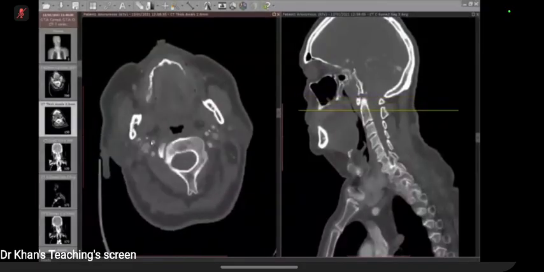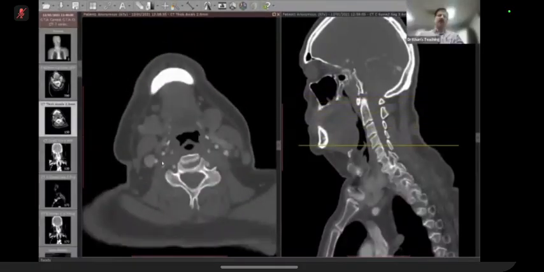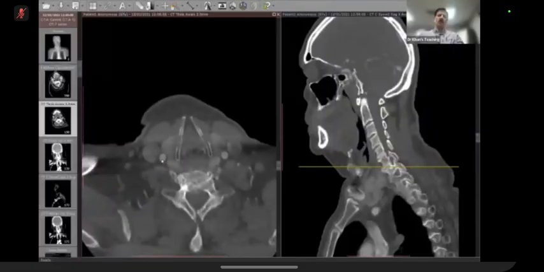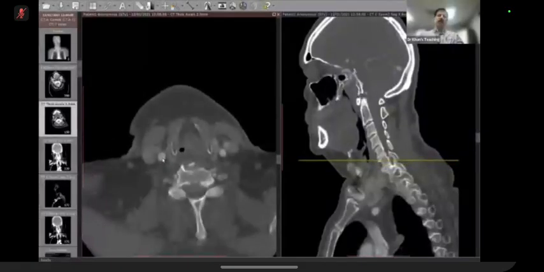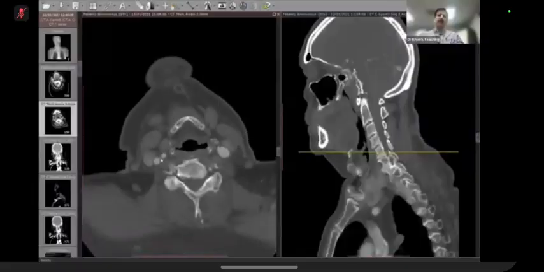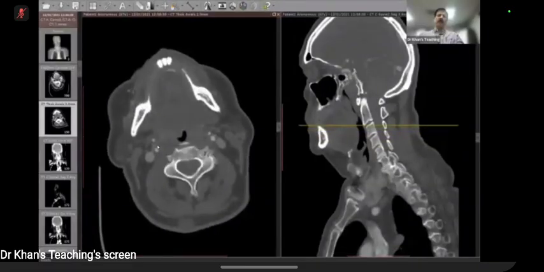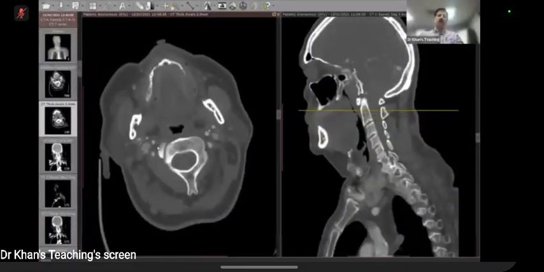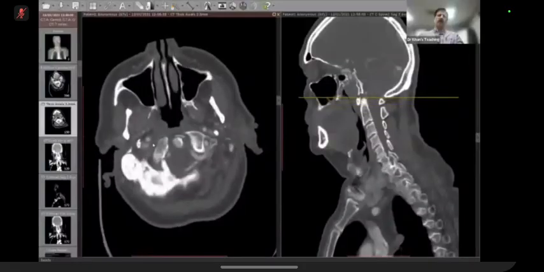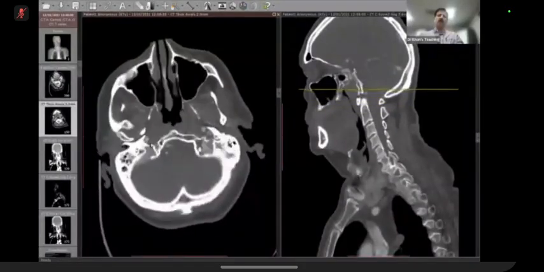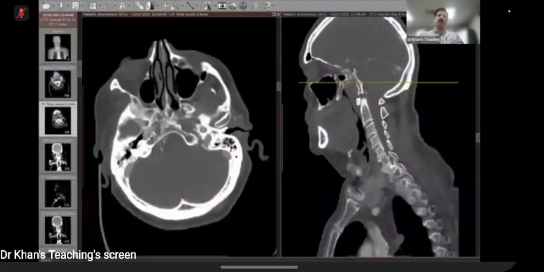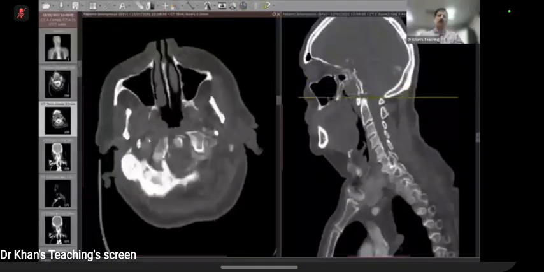Yes, I can. Okay, so if you see here, this is the common carotid artery. Now we are going up in the neck, and it divides into external carotid and the internal carotid. Now we are going to follow the internal carotid and see how it goes into the carotid canal. So this is the internal carotid. Let me trace it backwards.